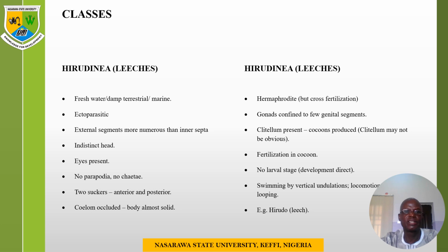Another class is Hirudinea, and these are referred to as leeches. Leeches are freshwater organisms. They are also found in damp terrestrial environments. We also find some of them in the marine aquatic system. They are ectoparasites. Their external segments are more numerous than the inner septa.